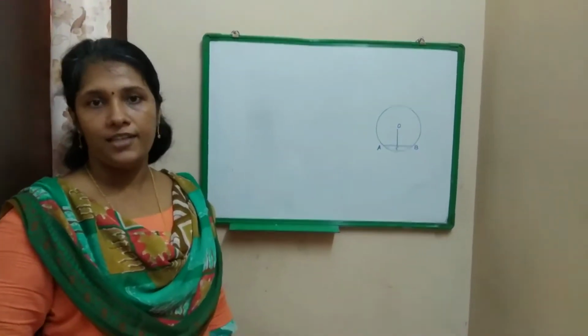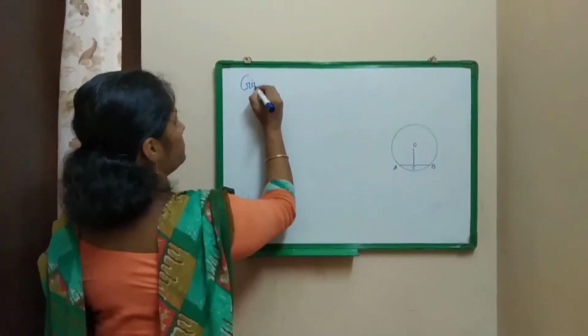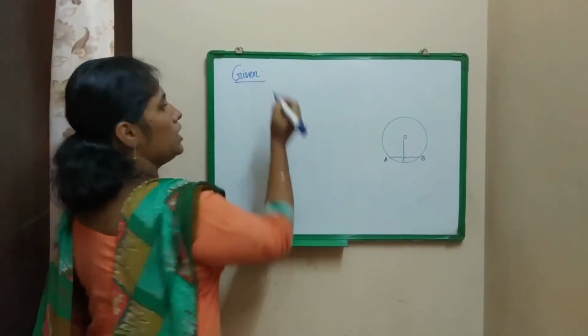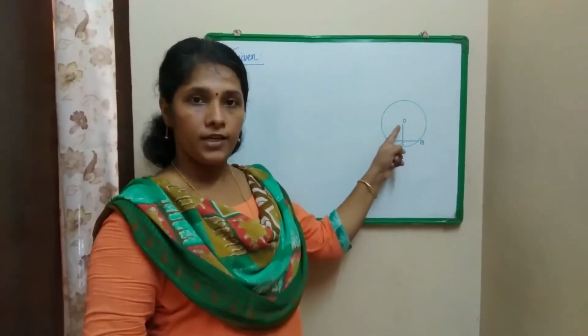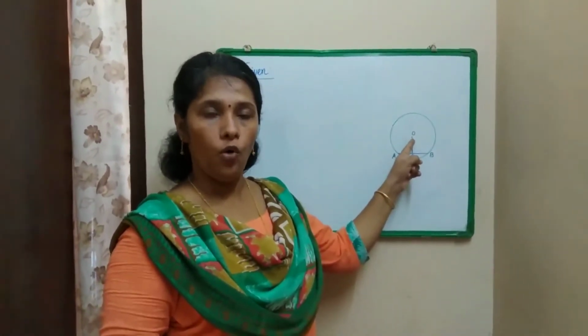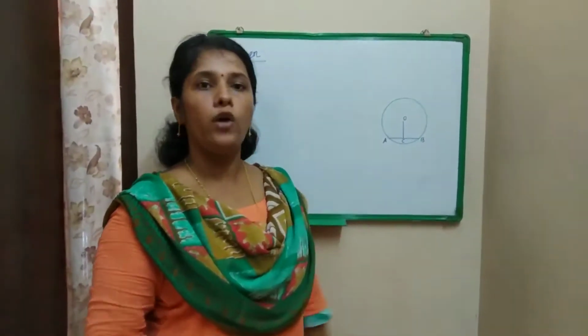Let's start the proof of the theorem. The first step is given. So we are identifying from the figure that here's a circle with center O and the line segment OC bisecting the chord AB.